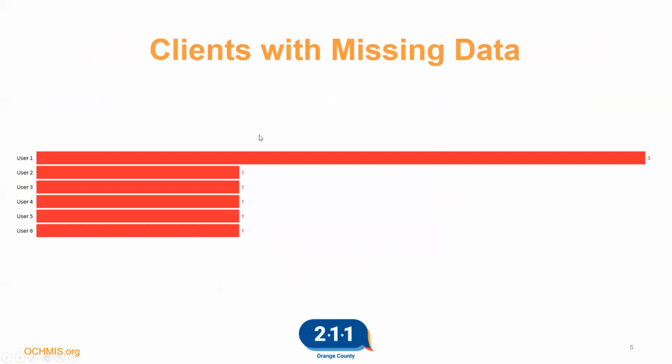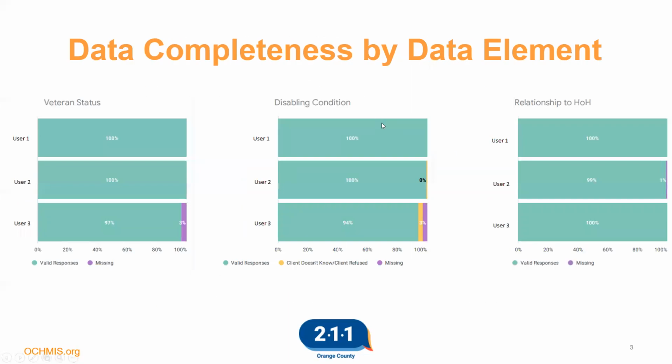The clients with missing data is just going to tell you how many clients the user entered that had errors. It's not going to tell you the specific ones unless you run like the details report. Okay, so on that line, I'm thinking the data completeness by data element will tell me more, because what I need to know is when my users are inputting a new client or they're doing a program start, I need to know what aspect of that enrollment process they're missing.